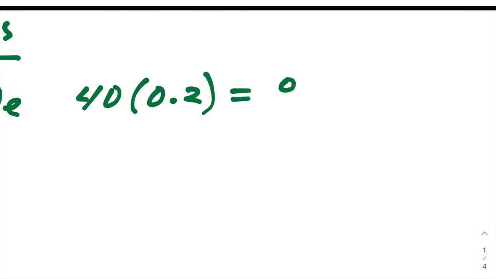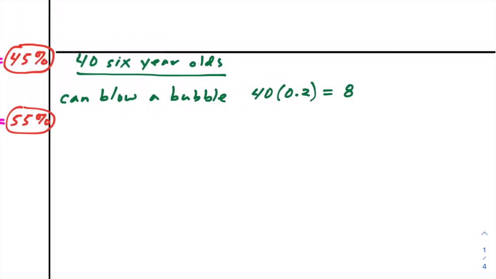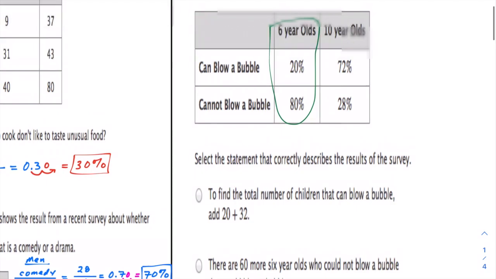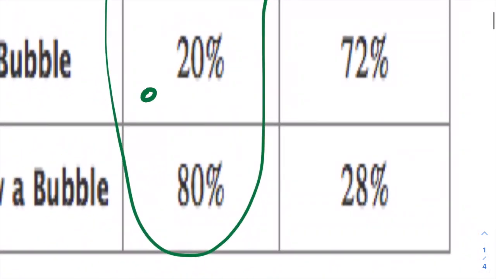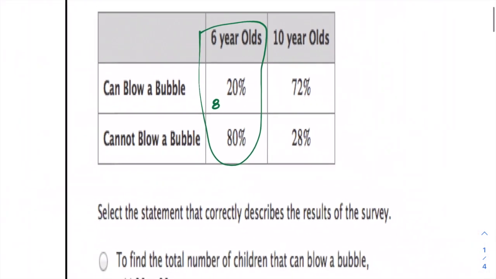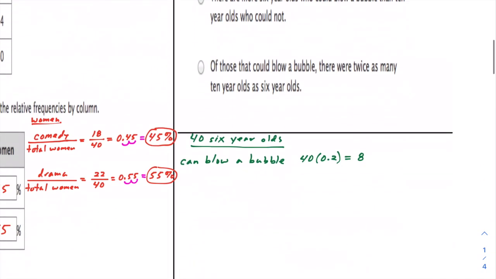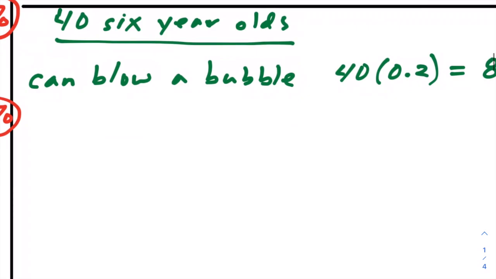So let's do the math. So on your calculator, 40 times 0.2, and you end up with 8 kids, 8 actual 6-year-olds that can blow a bubble. So that I can remember that right now, I'm going to go ahead and come up here, and I'm going to put that this is actually 8 of the 6-year-olds that can actually blow a bubble.